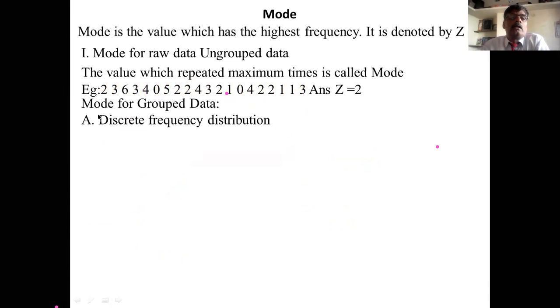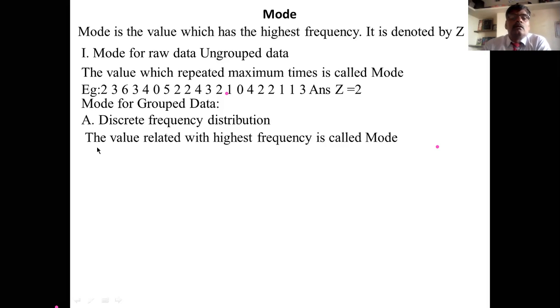Okay. Next is mode for grouped data. If the information is grouped, then how to calculate mode? If the grouped data is a discrete series, then the value related to the highest frequency is called mode.